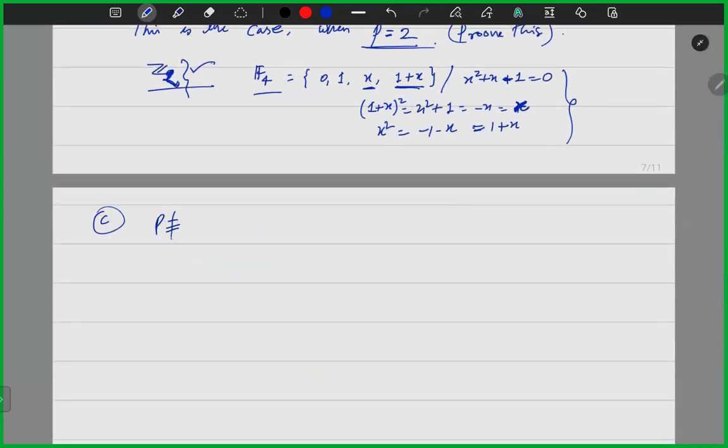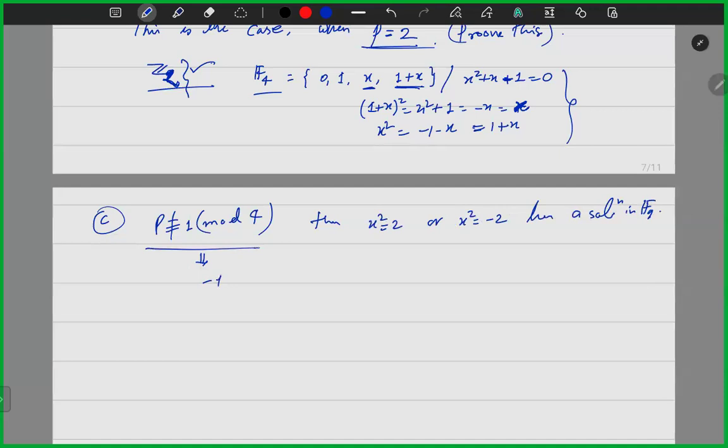P is not congruent to 1 mod 4, then S is equal to minus 2 as a solution. Okay, if P is not congruent to 1, this will imply minus 1 is not a square.